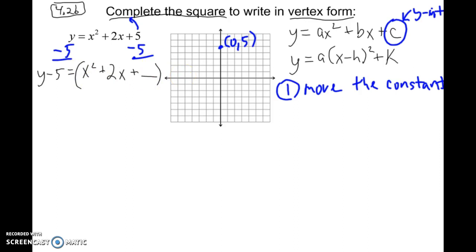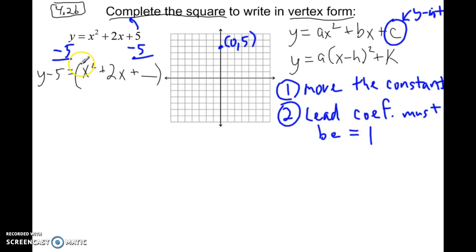So the second step, should it be necessary, is to make sure the lead coefficient must be equal to 1.